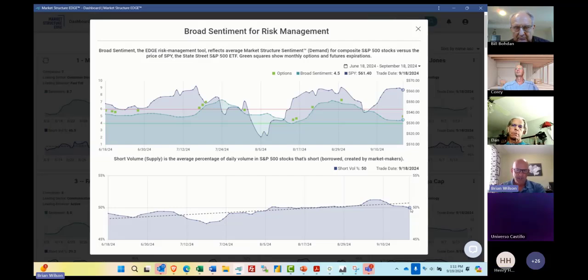Once again, this expiration cycle is going to be completed, and we'll have a brand new one coming up. If we look back to August trading, we had about 3 weeks where we were right at neutral, about 50%. There seemed to be a market hedge in play.